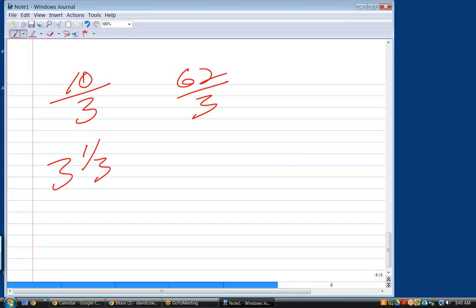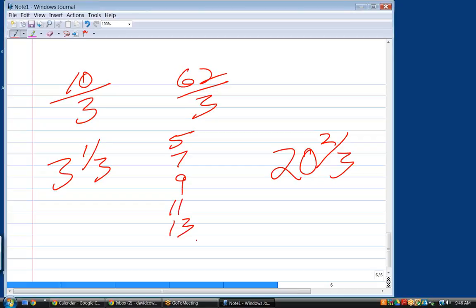You can use your calculator for this, but you actually should be able to do this without your calculator. What's 3 goes into 6 2 times, so it's got to be 20 and 2/3. Now, let's just list the odd numbers that are between them. That's the first one. 7, 9, 11, 13, 15, 17, and 19. So there's 1, 2, 3, 4, 5, 6, 7, 8 odd numbers between them.